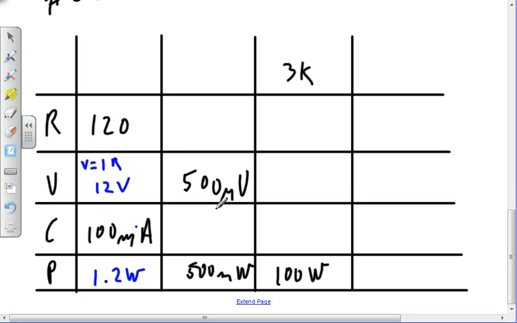Resistance, okay. Power is V squared over R. So resistance is V squared over power.